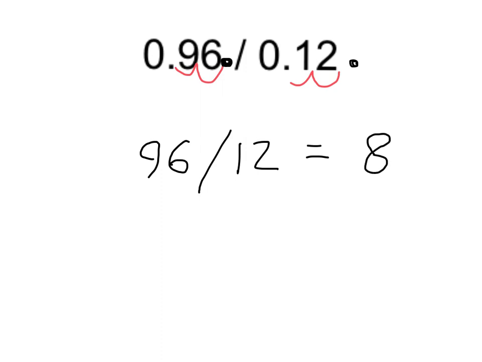So my new equation here is 96 divided by 12, which you hopefully can do with mental math if you know your 12 times tables. The answer should be 8. So that tells me that 0.96 divided by 0.12 equals 8.